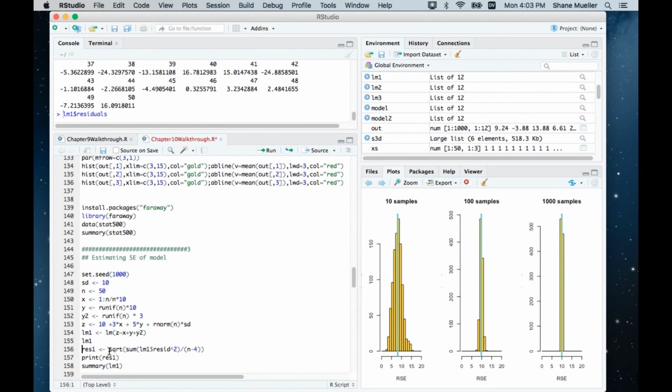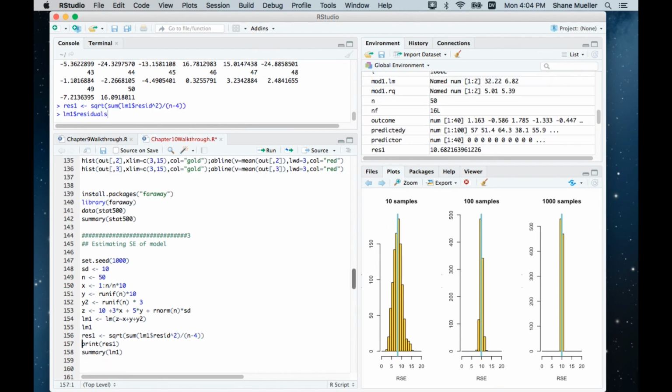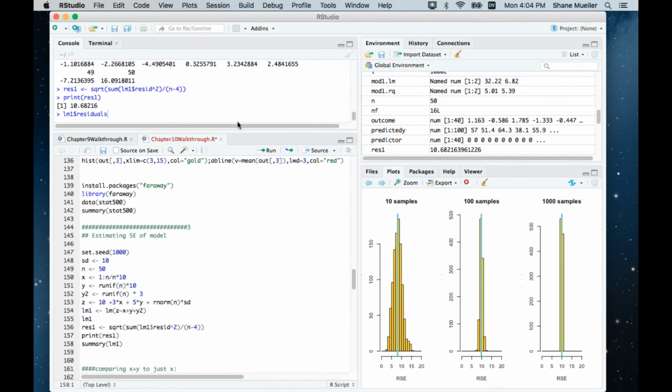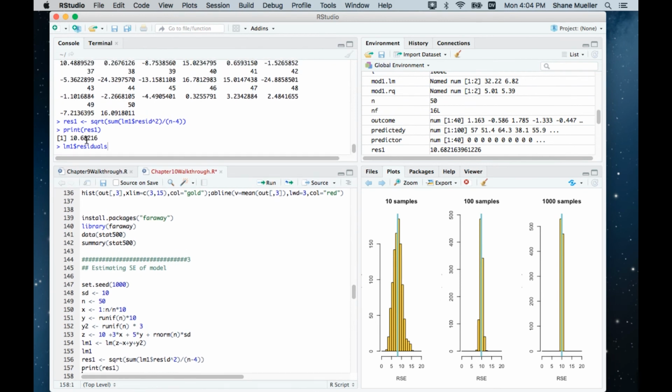And so just like we debiased standard deviation by dividing by n minus 1, we can similarly debias our estimate of the variance with this formula. So here's my estimate of the residual variance, 10.68 units, and that's for a standard deviation of 10.